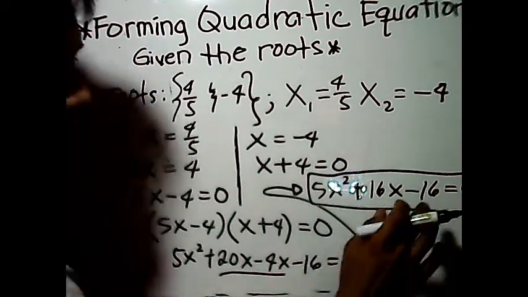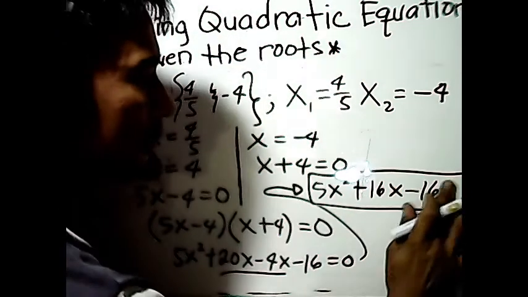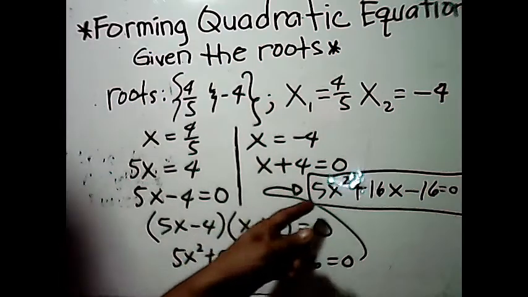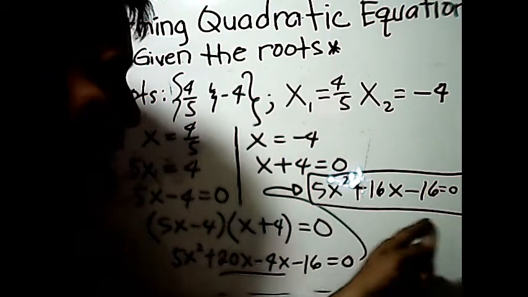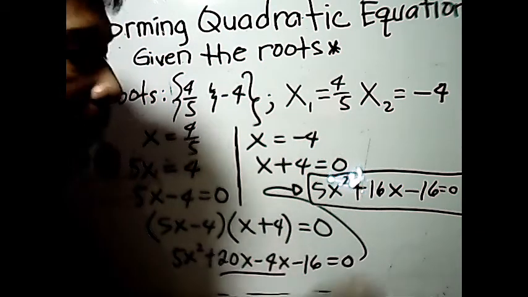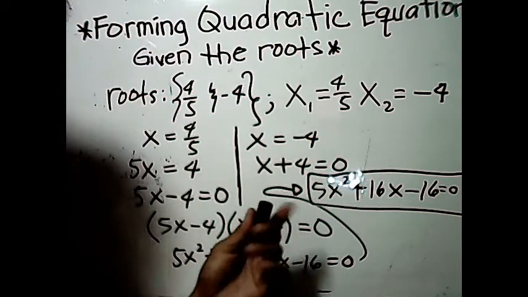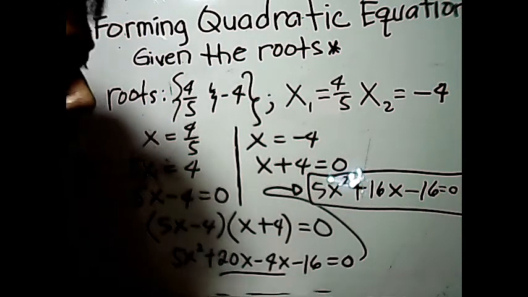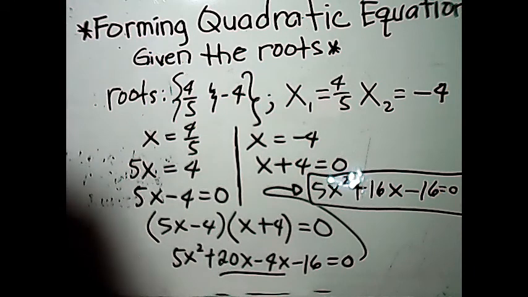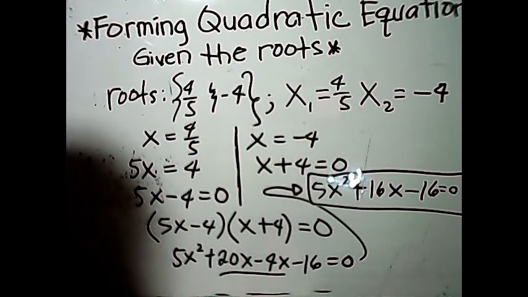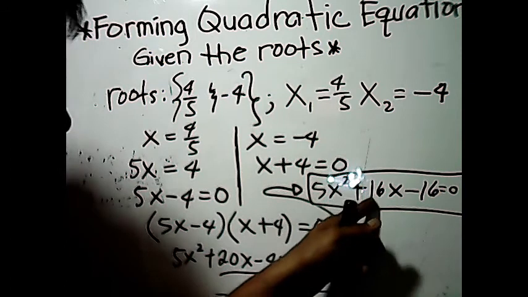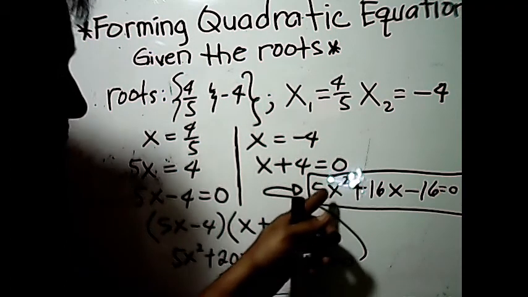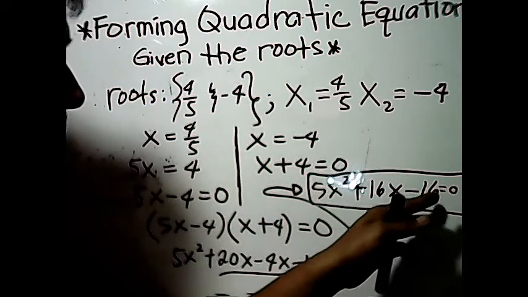There are cases that the resulting equation here can be reduced to lowest terms. So you're going to reduce that to lowest terms by dividing by the common monomial factor, or if there is a common factor among the coefficients of the first term, the second term, and the constant.